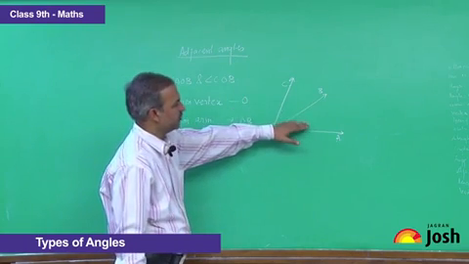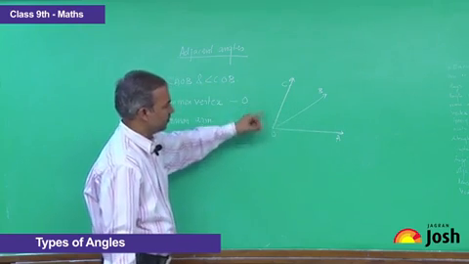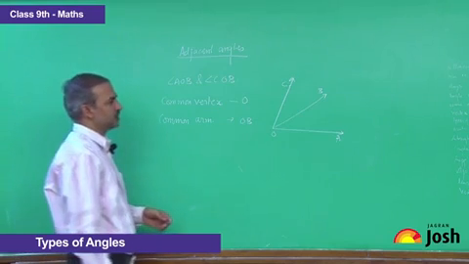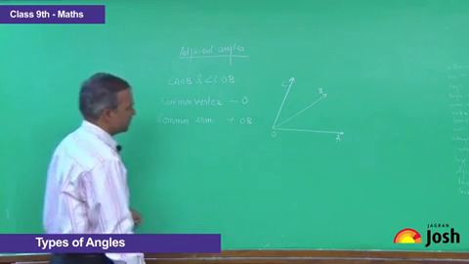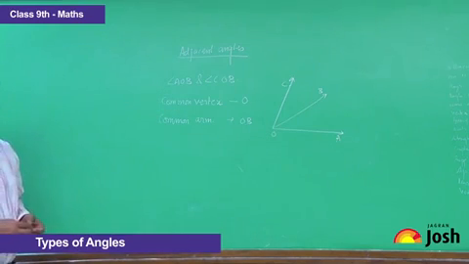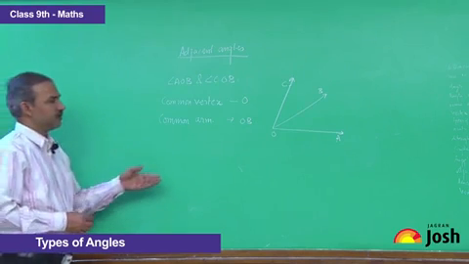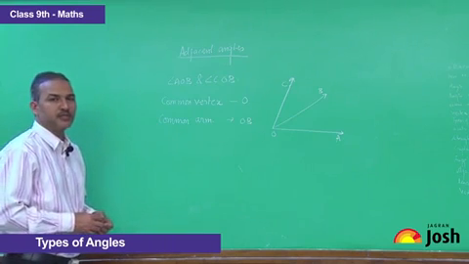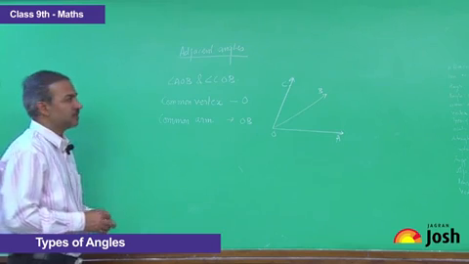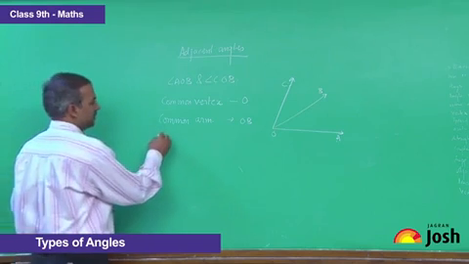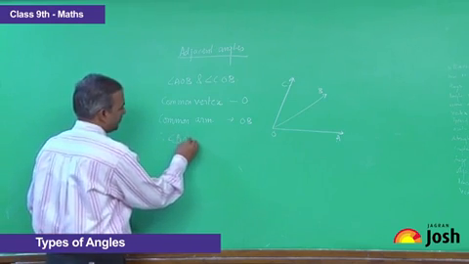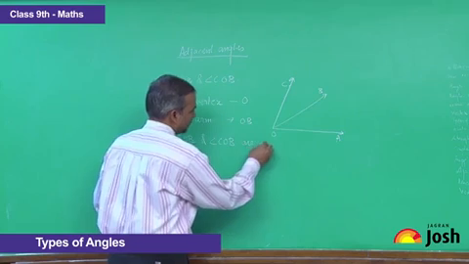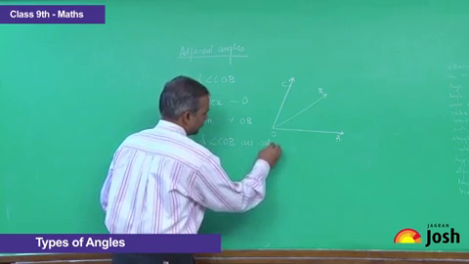For these two angles AOB and COB, OA and OC are the non-common arms, which in this condition are lying on the opposite sides of the common arm OB. Since the non-common arms lie on the opposite sides of the common arm, the angles with a common vertex and a common arm and the non-common arms lying on the opposite sides of the common arm are considered adjacent angles. Therefore, angle AOB and angle COB are a pair of adjacent angles.